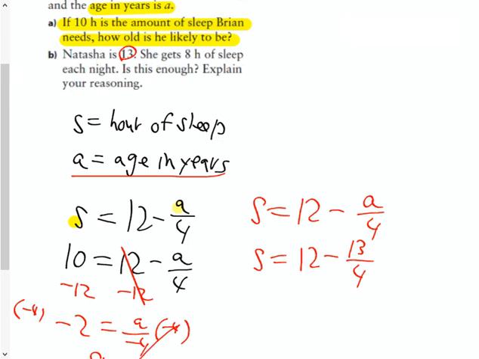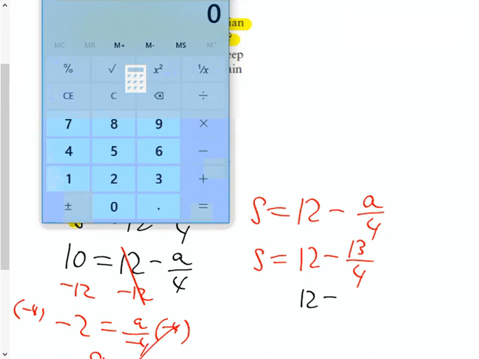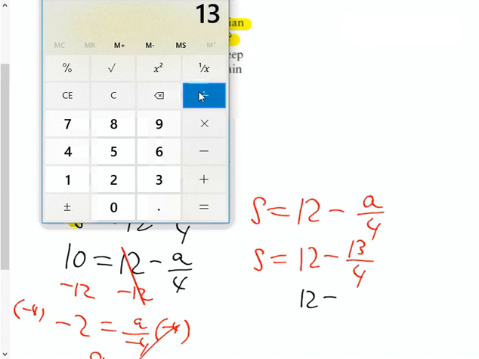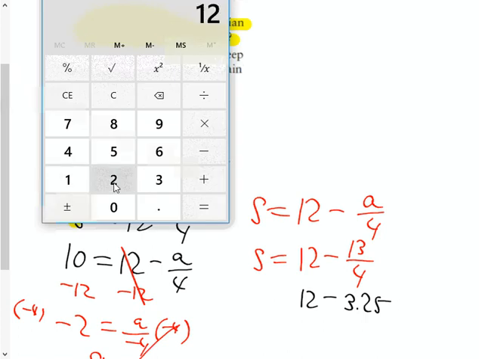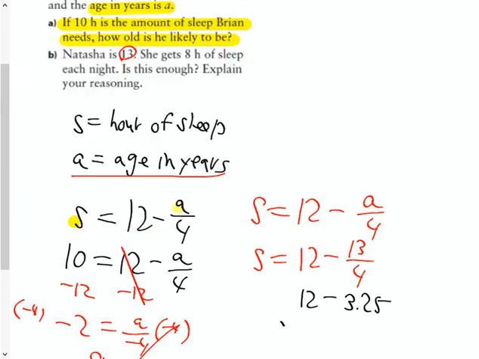So I'm going to do my division first. So it's 12 minus a quarter of 13. If I divide that, it's actually 3.25. And then take my calculator and say, what is 12 minus 3.25? And the answer is 8.75.